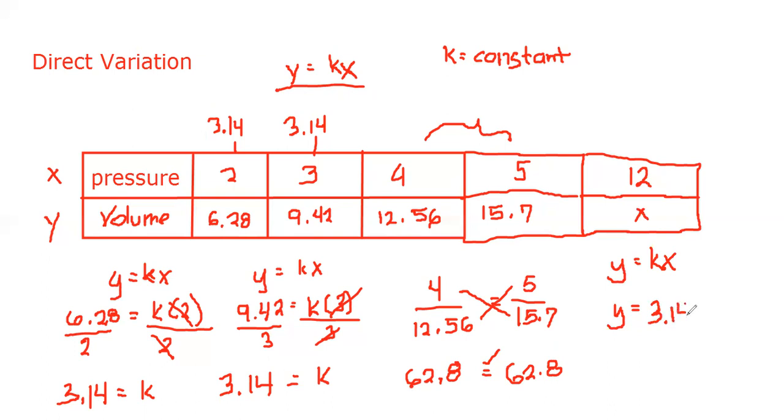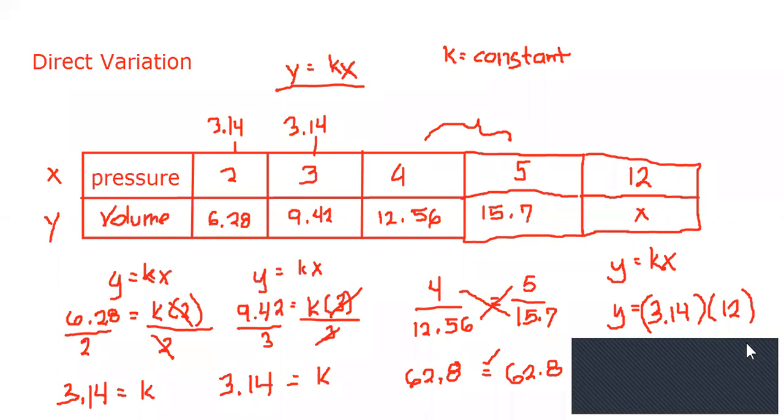Okay? Then, i-multiply natin siya sa value ng X natin, which is our pressure, diba? Ang X natin, that is 12. So, imu-multiply ngayon natin, 12 times 3.14, that will be the volume kung ang pressure natin ay 12 naman.